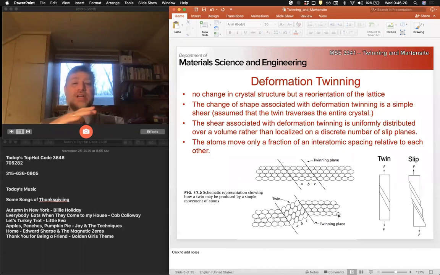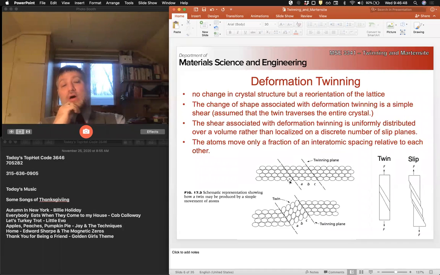But annealing twins happen during the growth of grains. Deformation twins happen as a result of plastic deformation. They're one way to accommodate a large amount of shear in a crystal, okay? We have a reorientation of the lattice without a change in crystal structure, okay?